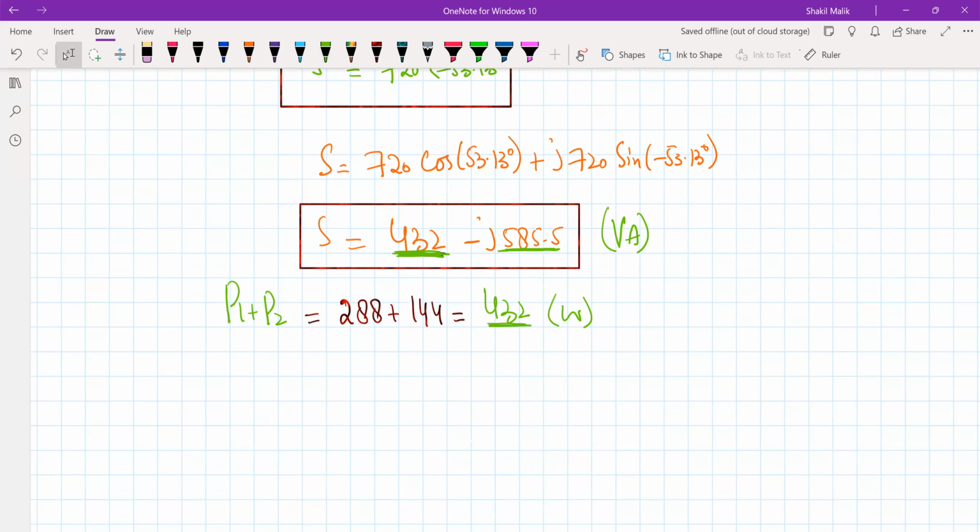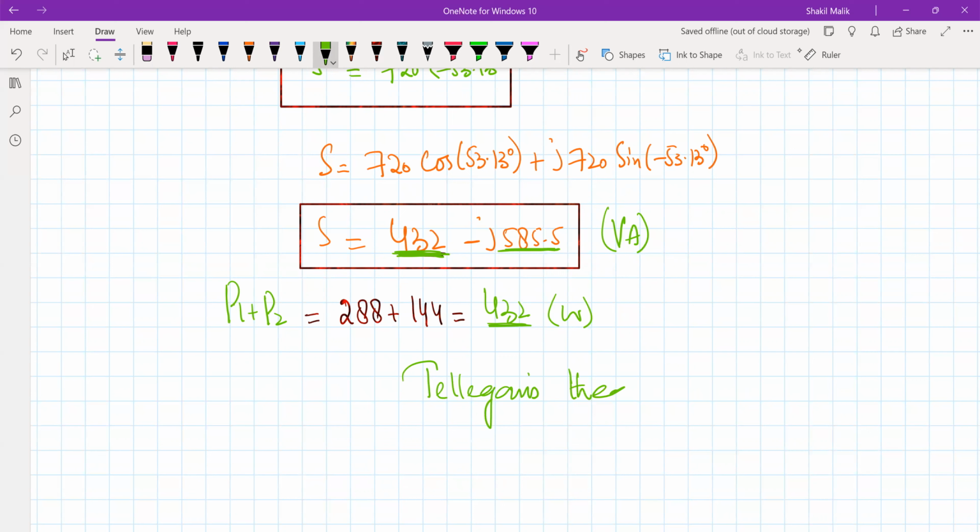Please do that exercise. So power supplied by the source is always equal to the power consumed or stored by the circuit. All right, this is referred to as Tellegen's theorem. If you remember, we already studied this in DC circuits.